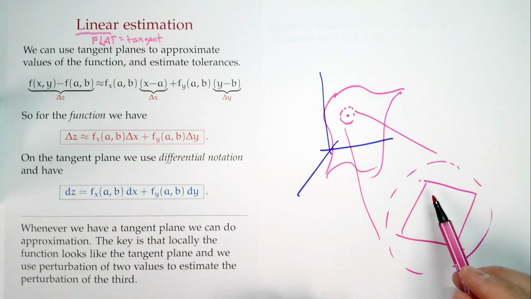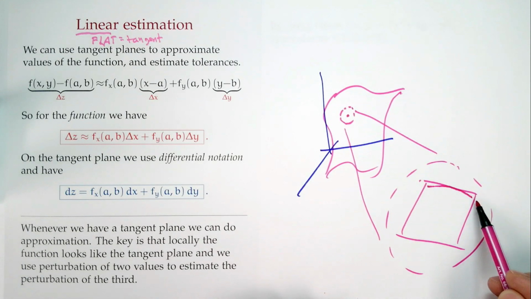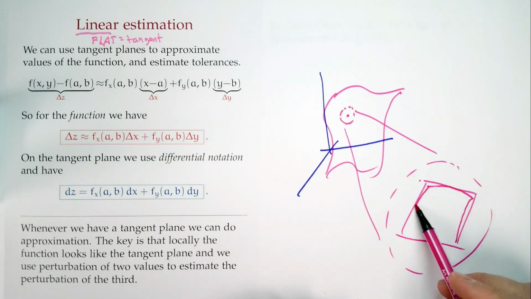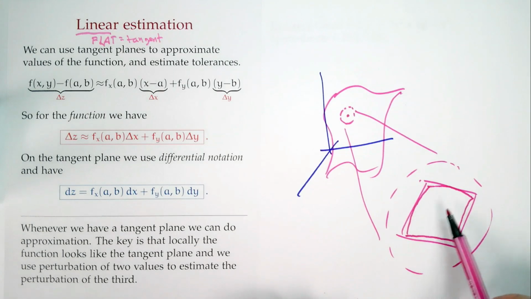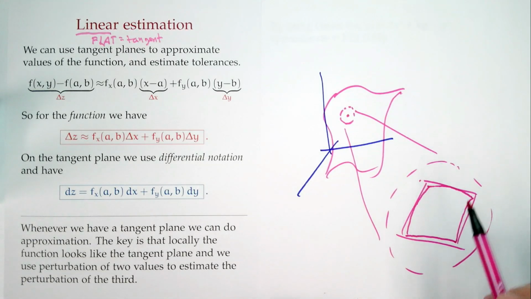So much so that if you look at the difference between the function versus the tangent plane, it's almost imperceptible. You can barely tell the difference. So that the tangent plane is a good approximator. That's what we have. The tangent plane is a good approximator close by.